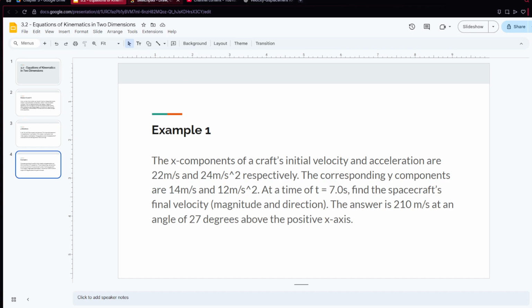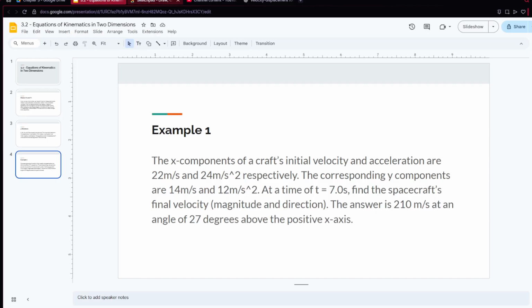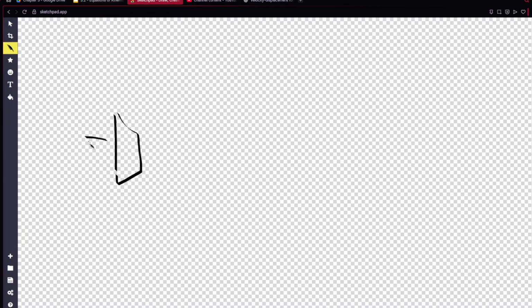Here we have the x components of a craft's velocity. It's going to be the side components again. Its initial velocity is 22 meters per second and its acceleration is 24 meters per second squared.